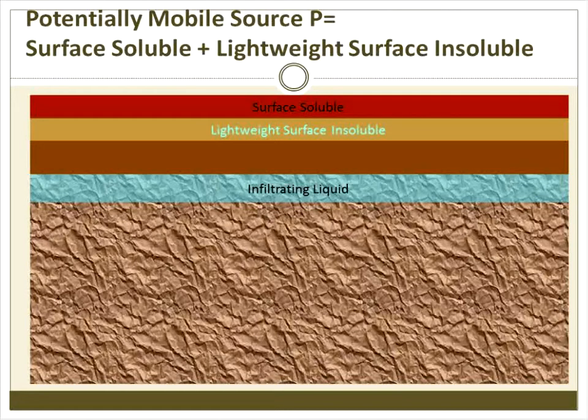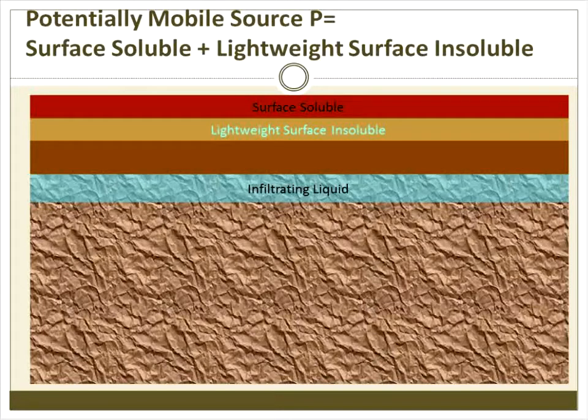We also want to look at potentially mobile source phosphorus. So we're looking at surface soluble and lightweight surface insoluble. So surface soluble would be things like swine effluent. Most of the phosphorus in that material is very soluble. It's not in a non-soluble form. So a good portion of that would be soluble.